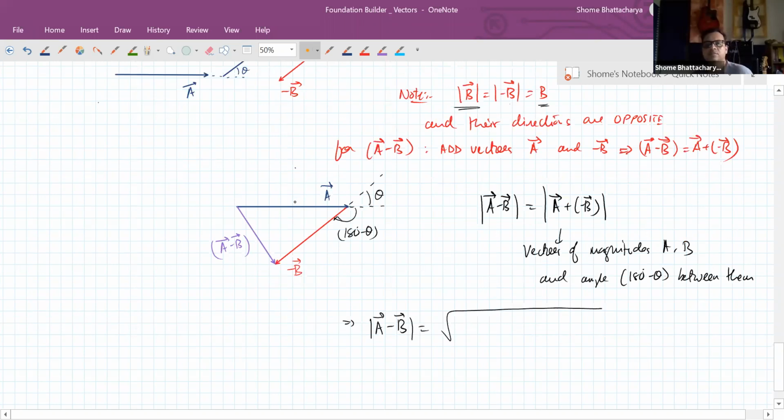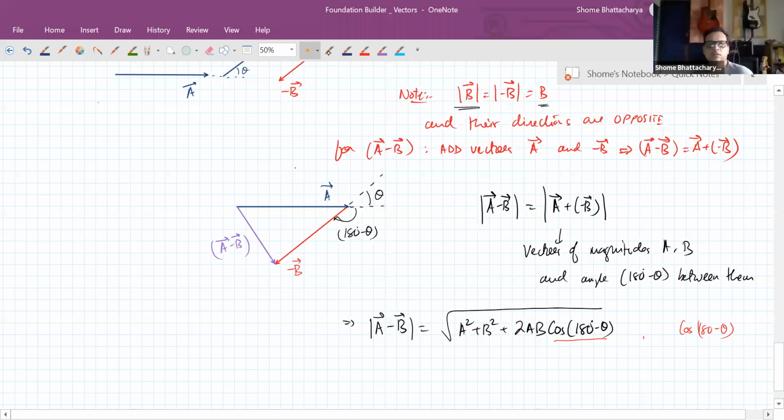So it's the square root of this vector's magnitude squared plus this vector's magnitude squared plus 2 times the product of the magnitudes into the cosine of the angle between them, which is this. And here you use the formula that we just discussed, that cos 180 minus theta is equal to minus cos theta.